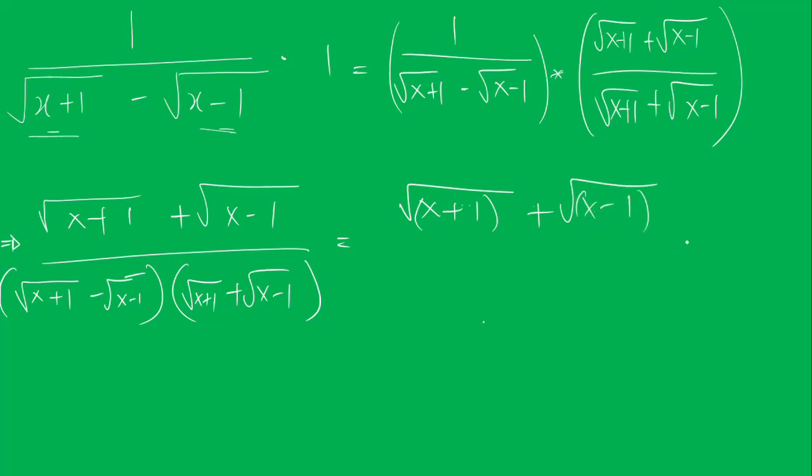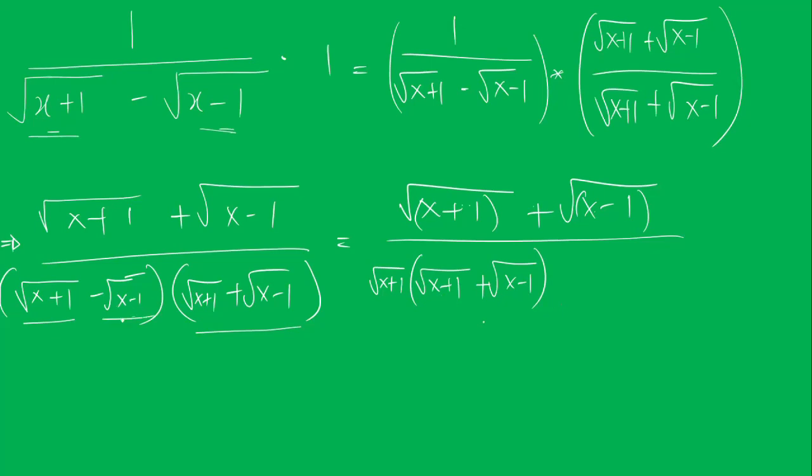So this is it. So now, to expand this expression, we use this one to multiply the whole of this. So we say the square root of x plus 1 times, bracket open, the square root of x plus 1 plus the square root of x minus 1.